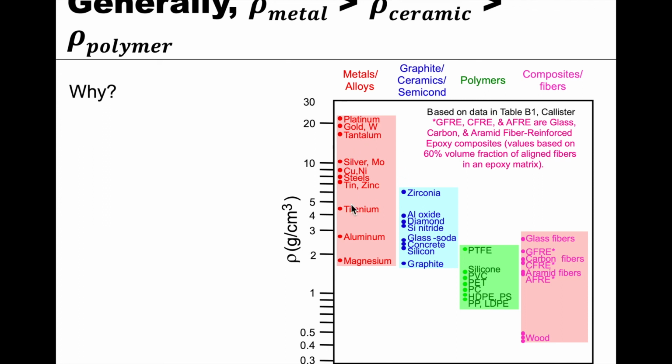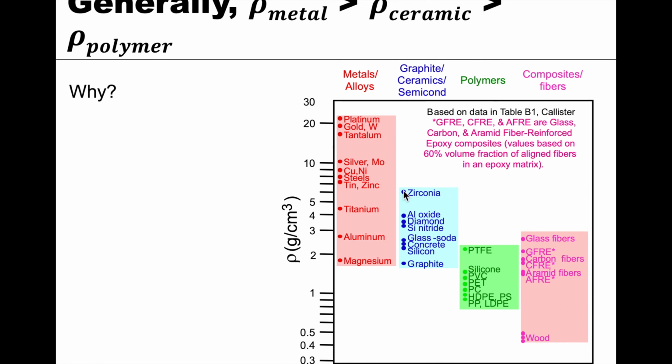And you can see here that metals have a pretty wide range, anywhere from about 2 grams per centimeter cubed all the way up to 20. So those noble metals like platinum and gold that we see up here, but also pretty lightweight metals like magnesium and aluminum.